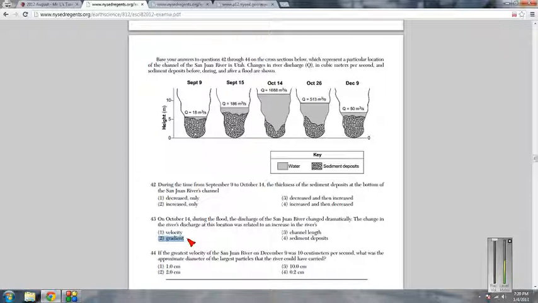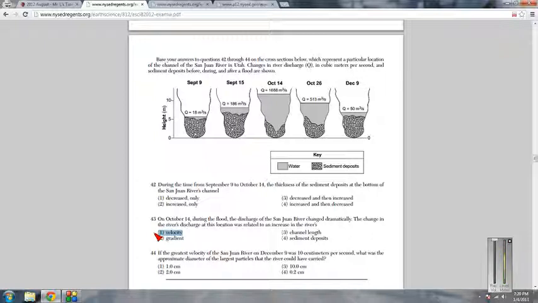The only correct answer that we have here that really makes any sense at all is the velocity, right? The increase in discharge is going to be due to how fast it's moving. So talking about meters per second, that measures the amount of flow. That means it's moving much, much faster. And velocity loosely means speed, so you can kind of connect the dots there. As long as you know what velocity means, you should be able to get this correct as well.